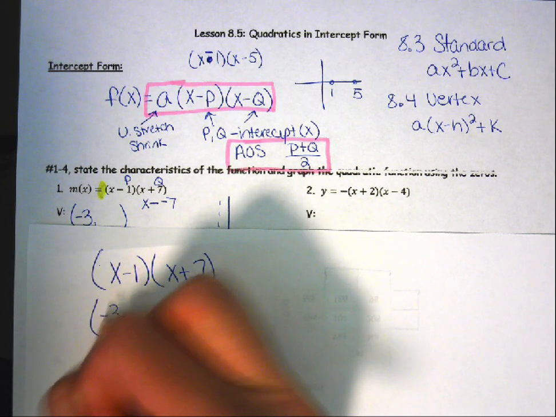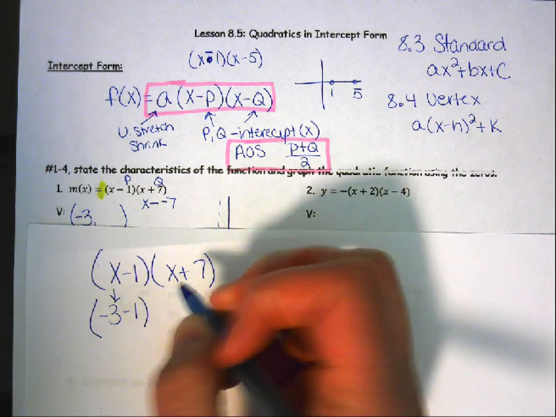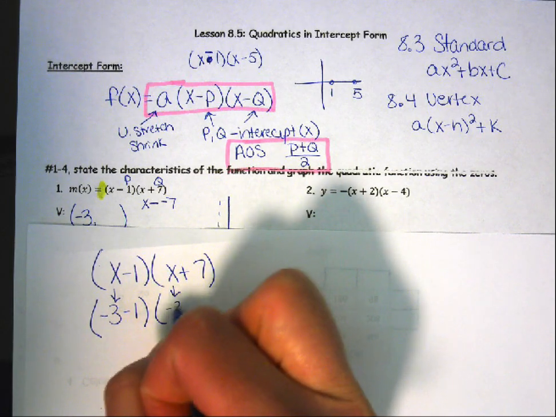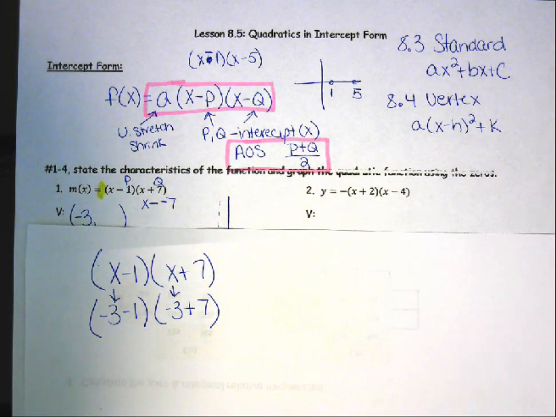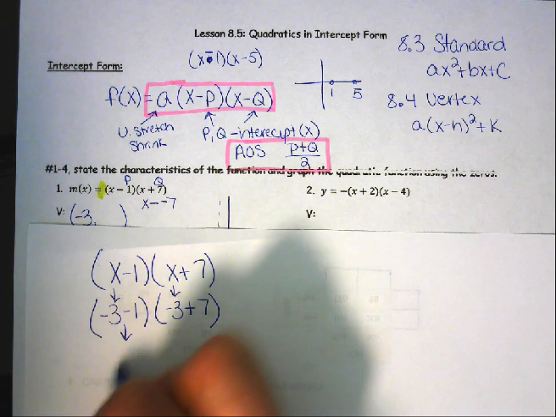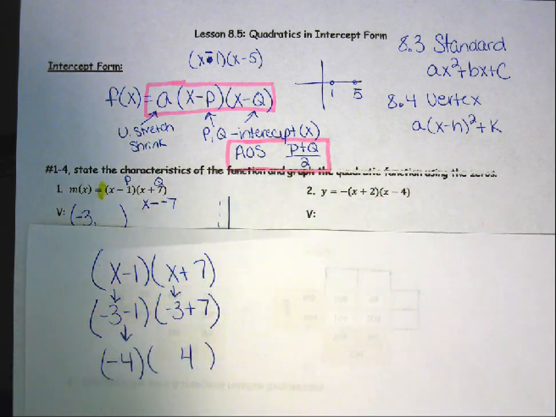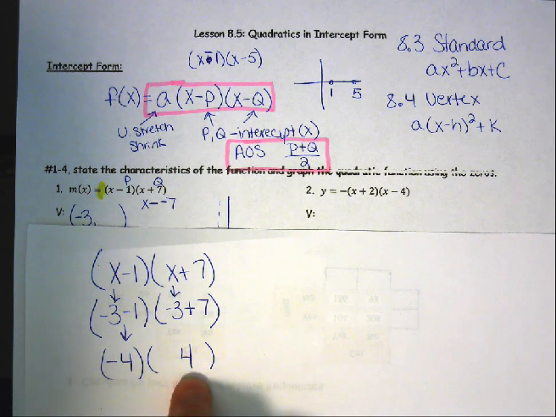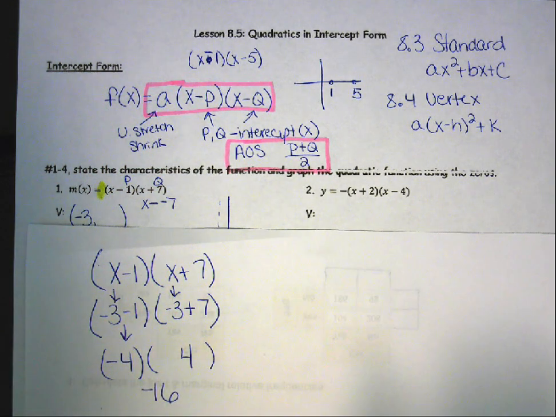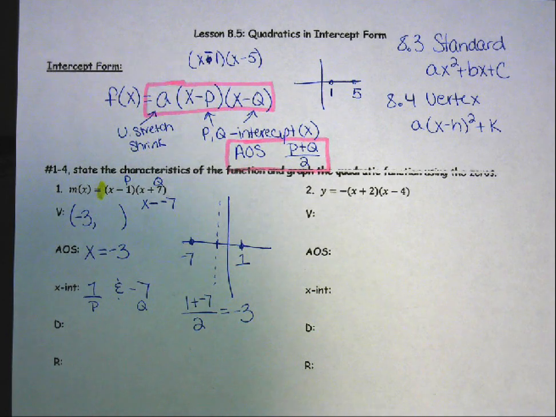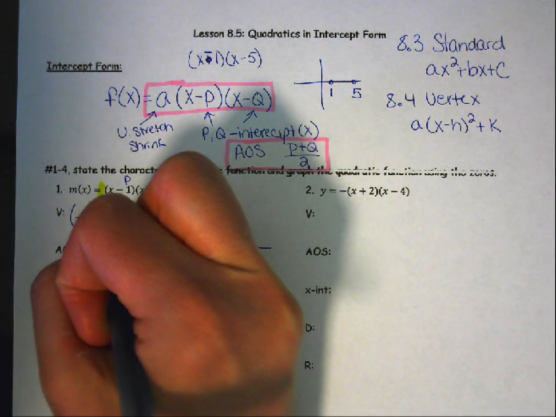So I have -3, I have -3, and now I'm going to work this out. So this would be -4, this would be +4, and I multiply those together. And that's my second coordinate of my vertex.